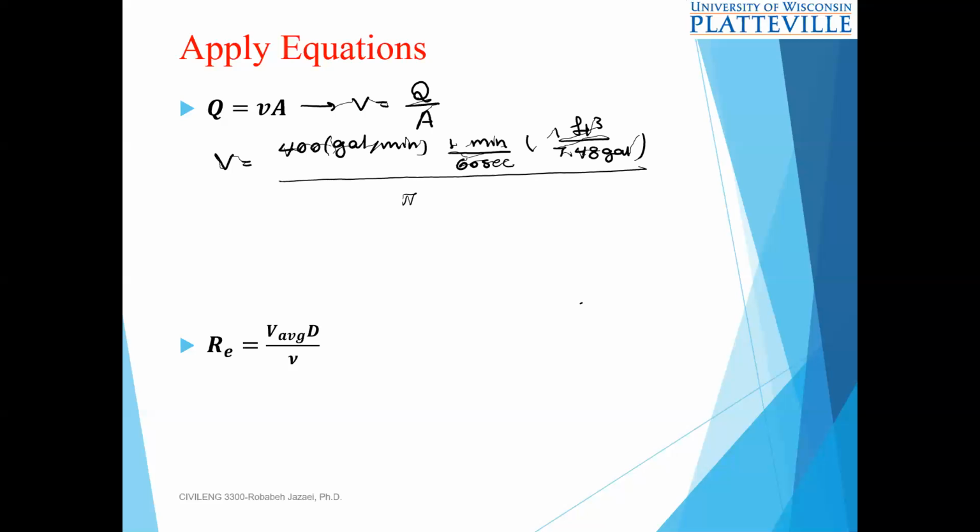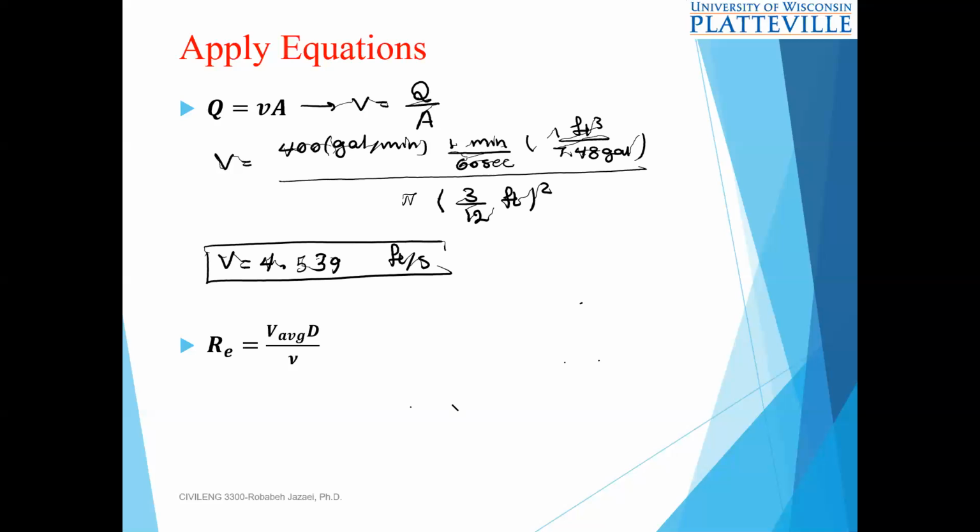Area is pi times the diameter, which was 6 inches, divided by 12, in feet squared. So from here you can find velocity. It's 4.5539 feet per second. All right, I have the velocity.